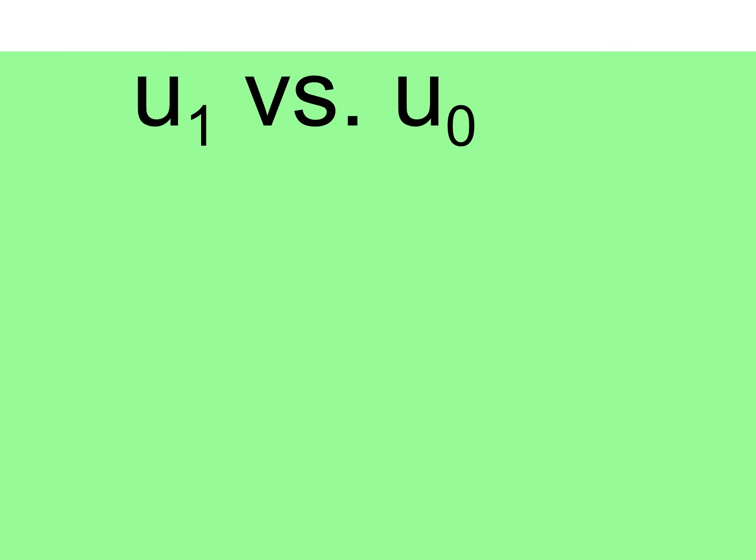Now, this is something, there's an exception to every rule. U1 versus U0. I just got done saying that U1 is how we're always going to start.